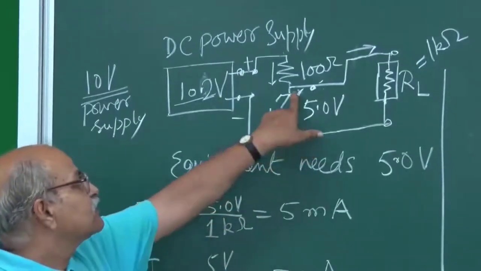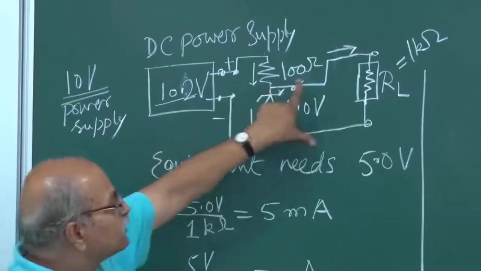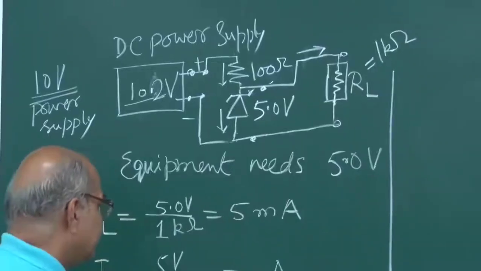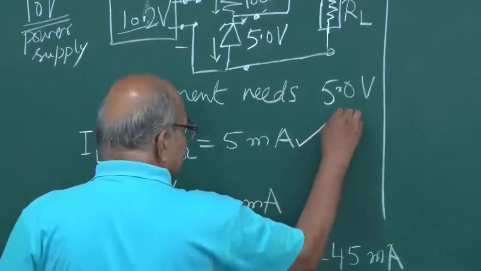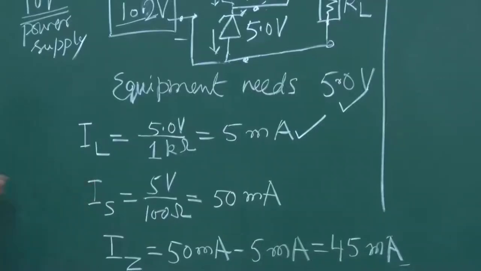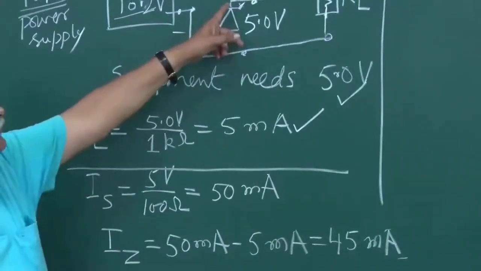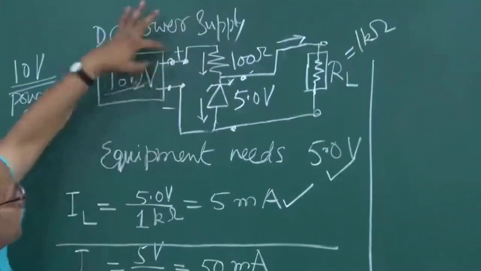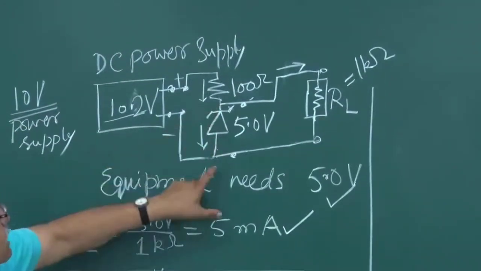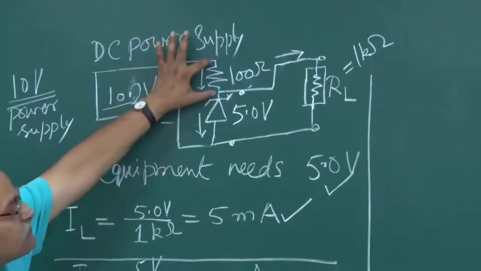Now this is 5.0 volt, no change, and therefore this is 5.0 volt, no change, and therefore the current here is 5 milliampere. Up to here everything is fine. There will be change in IS. What is IS now? How much is the voltage here? This is 10.2. Out of this, 5.0 is here. So what is left? It is 5.2. So now this is 5.2.